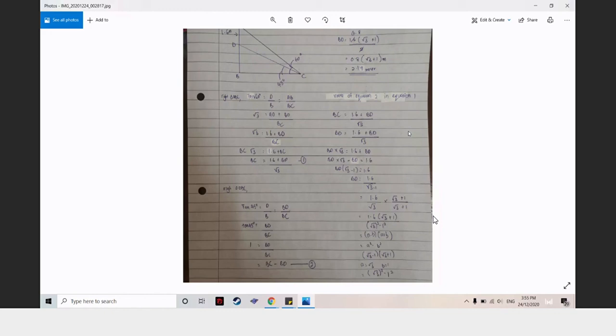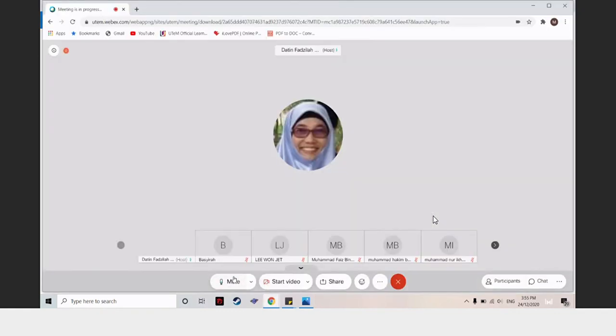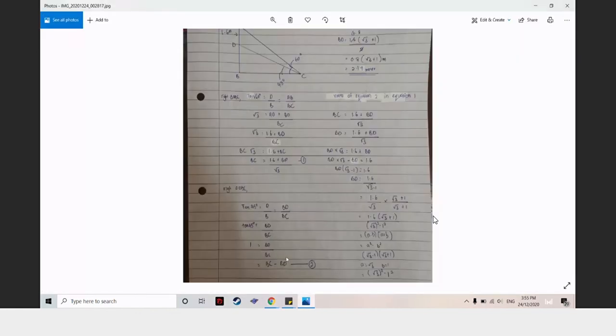It is supposed to be BC equals BD, not BC minus BD. Right, Moses? Yes, madam, my typo mistake. So equation 2 is BC equals BD. You cross multiply BC by 1, so BC equals BD.